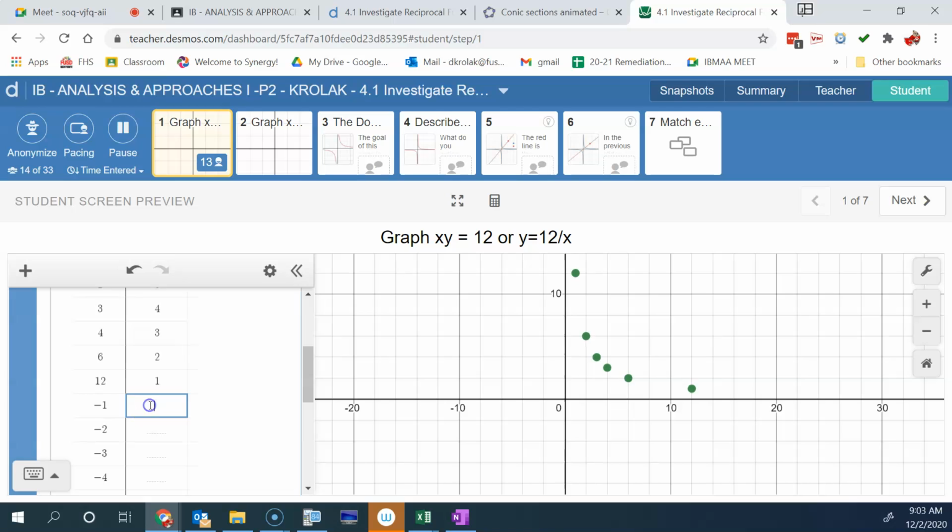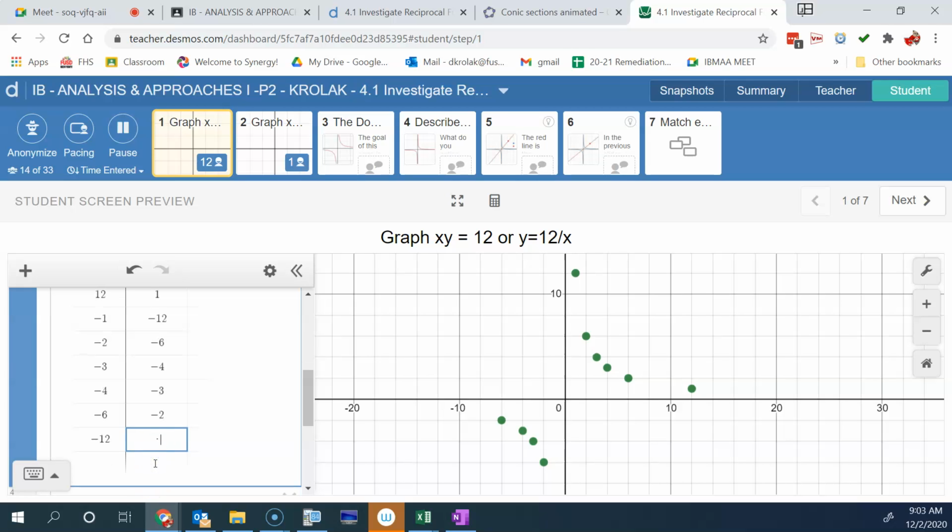All right, and if I just now -1 times -12, 12. -2 times -6, 12. -3 times -4 is +12, and so on. But just keep, whoops, that one doesn't belong. 3, -2, -1.